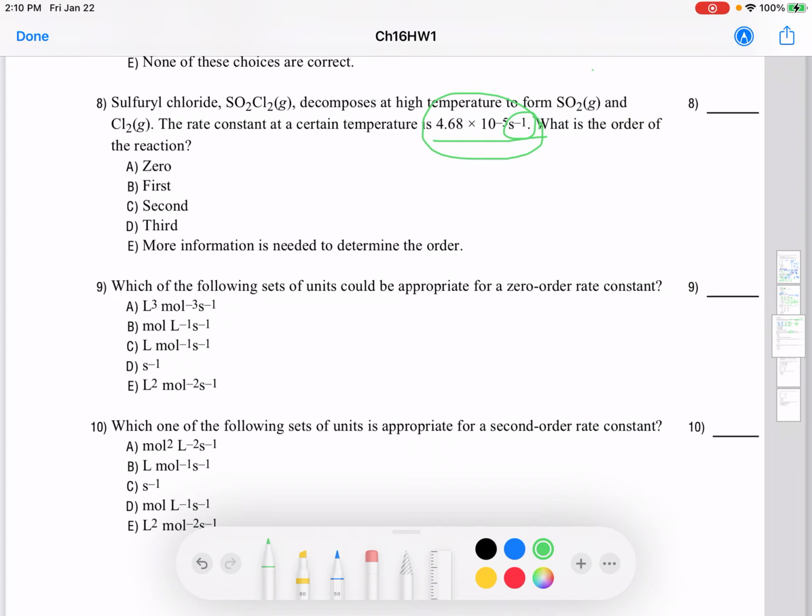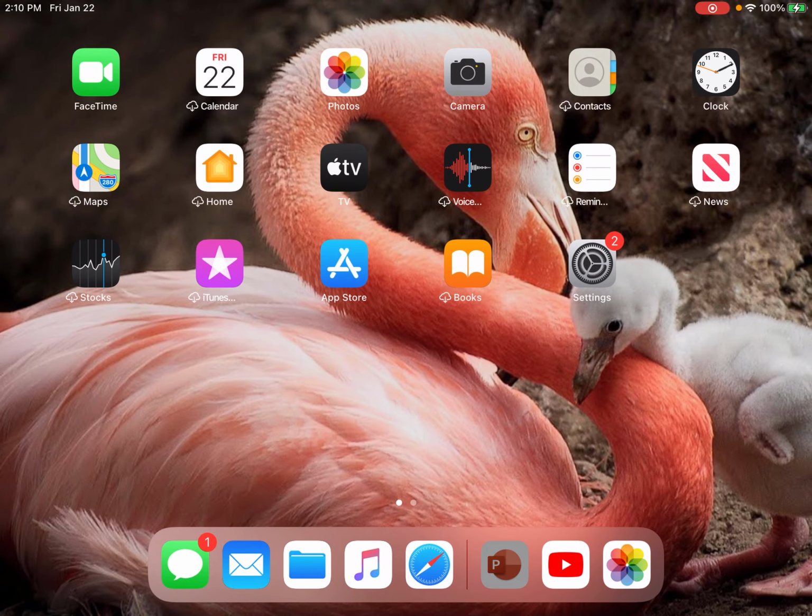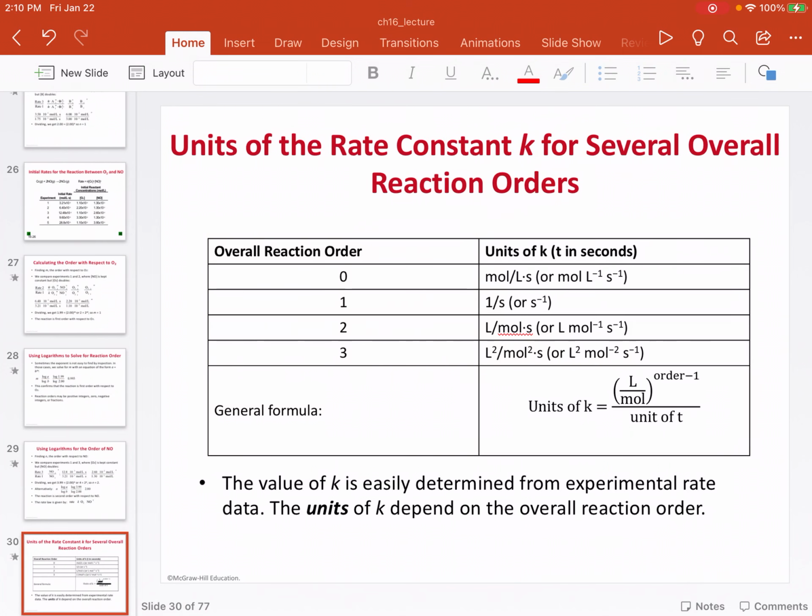You might not remember the units for each and every order of a reaction. You can refer to our lecture notes where we have this table.